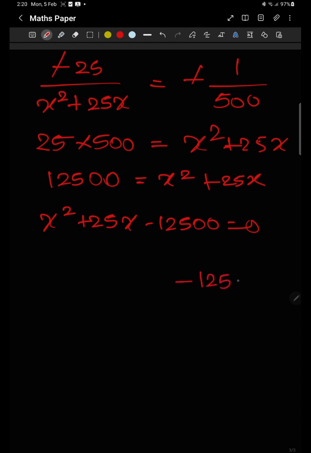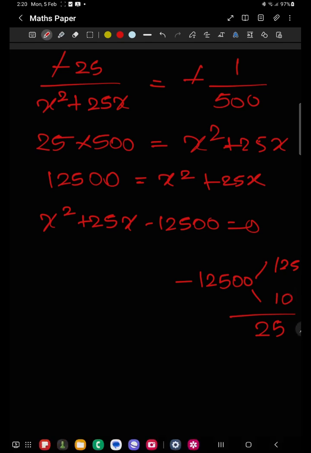Minus 12,500, I am going to split it in the form where I want my answer to be 25. So 125 hundreds is 12,500 as well. I want the sign to be one negative and one positive.